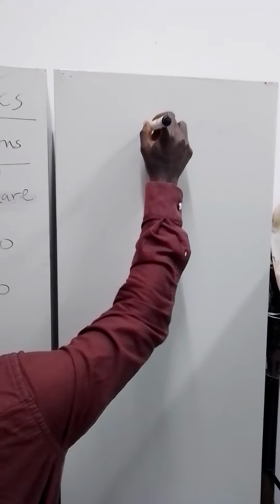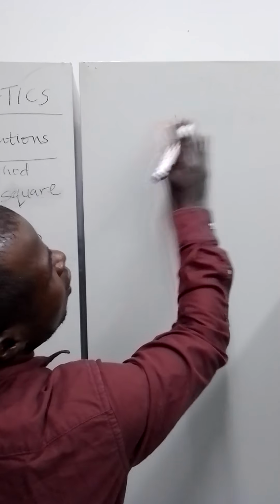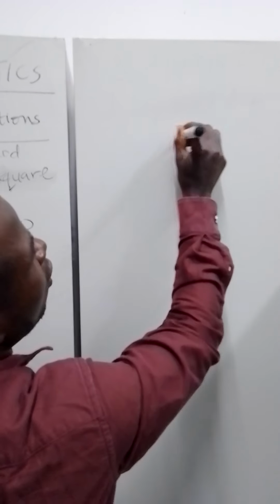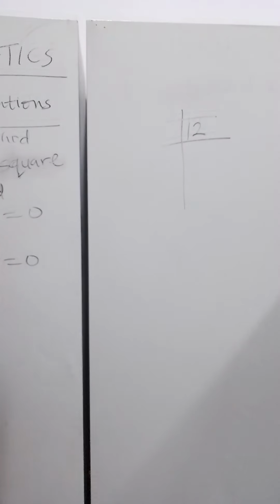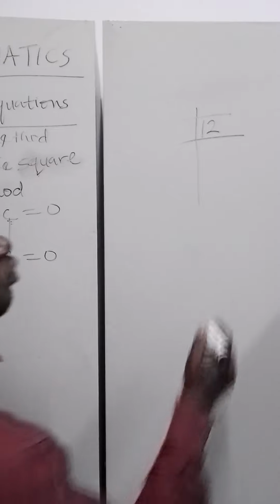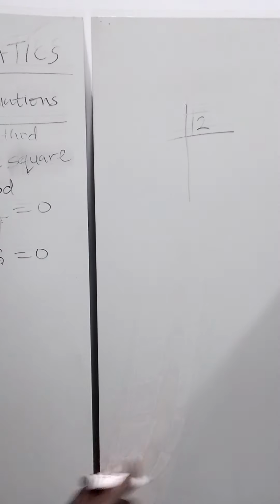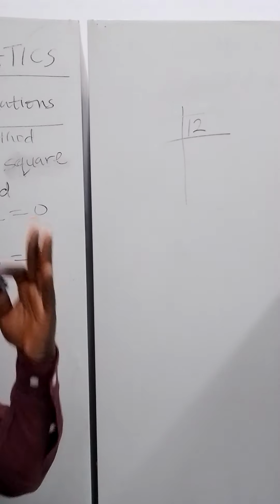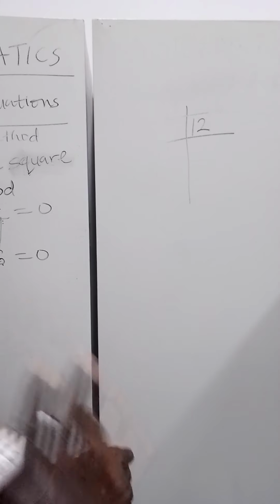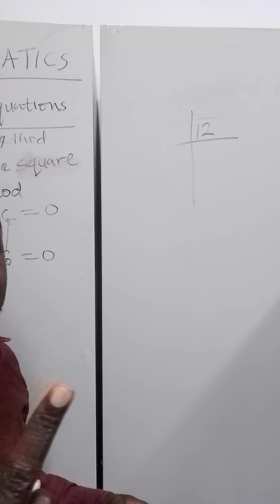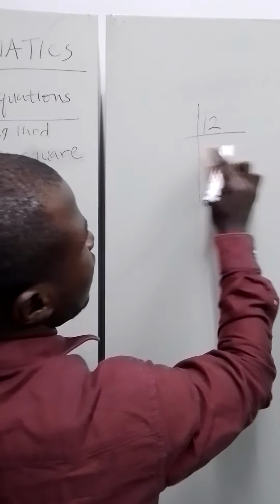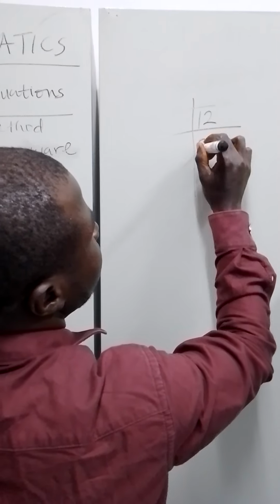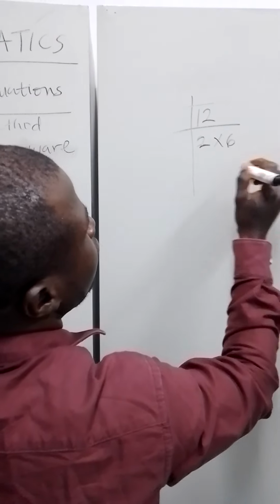You will now write the 12 somewhere at the back of your book or in a rough sheet. You write the 12 like this. I believe we are getting it. This 12 now, you look for the factors of 12. All the factors of 12, meaning every two numbers that you multiply together that will give you 12. Let us start writing the factors of 12. 2 times 6 is 12.